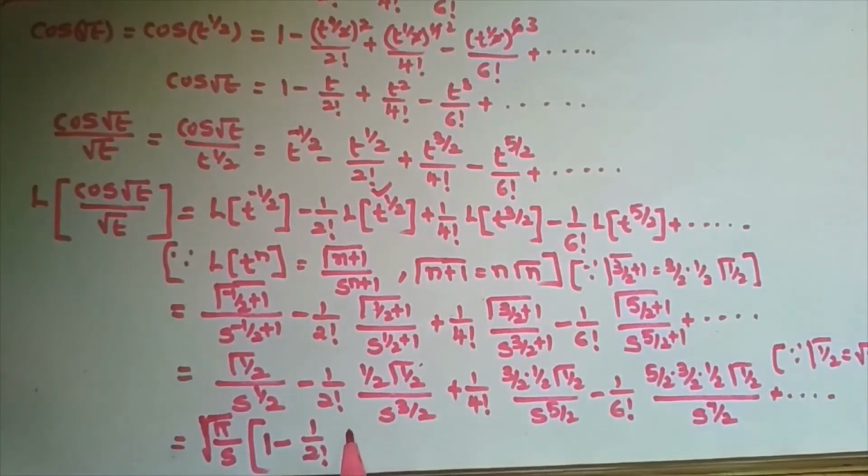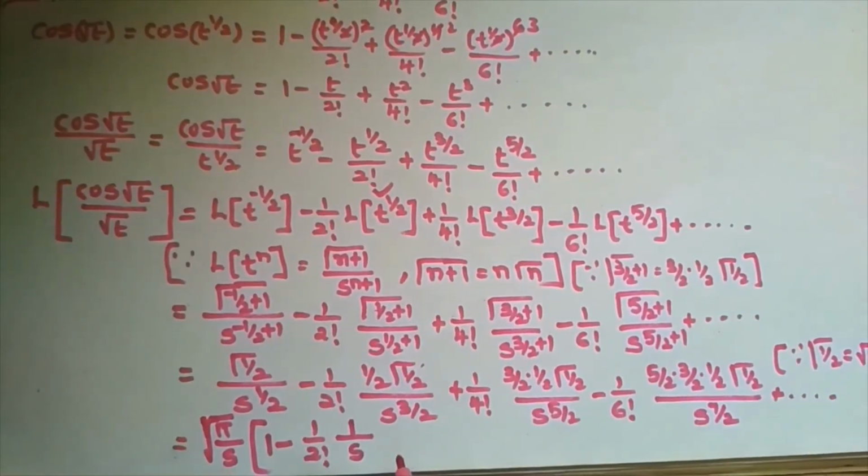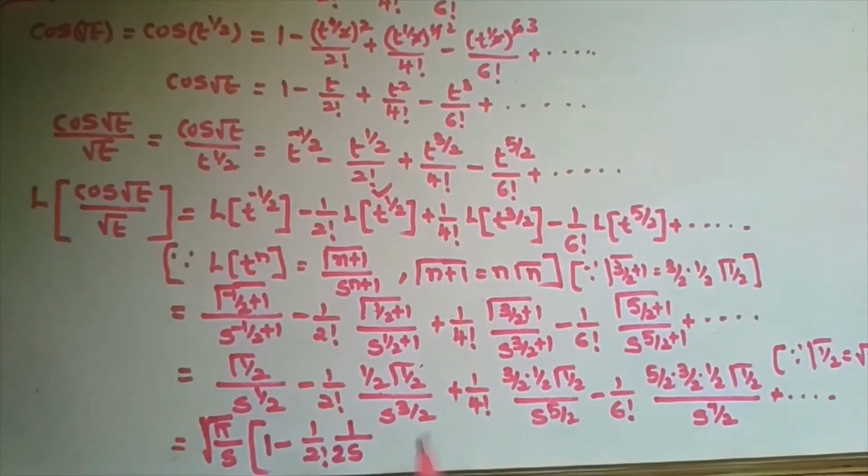What is the remaining? 1 by 2 factorial into, s power 1 by 2 is common, that means s. And also 2 is there. Only gamma of 1 by 2 is common.